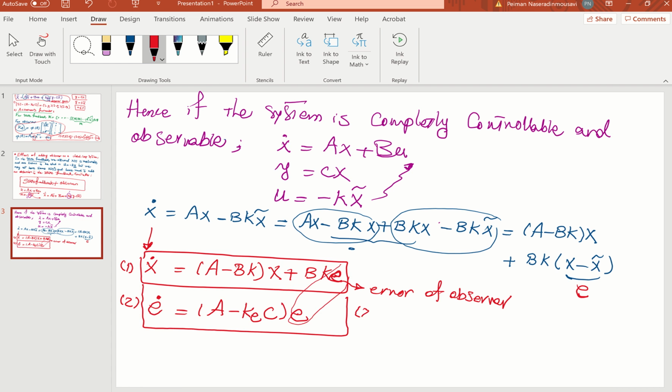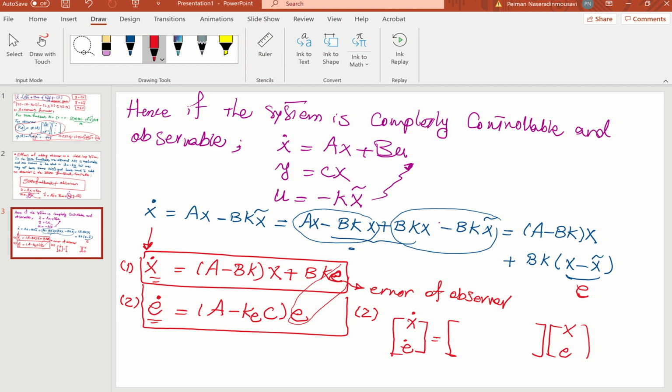So this is relation number 2. Now you can write 1 and 2 in state space like this. Look here: x dot, e dot is equal to, so your state variables here are x and e.